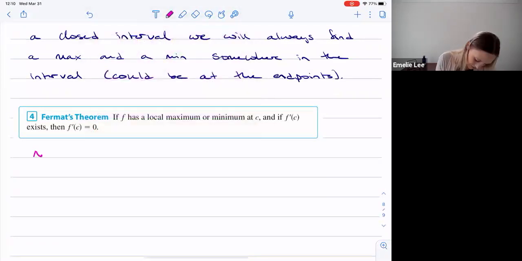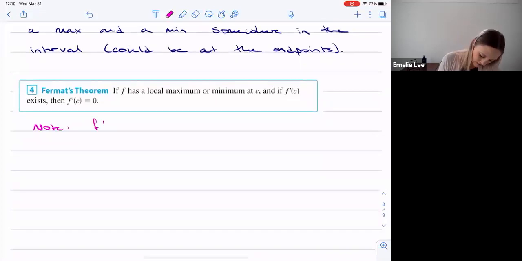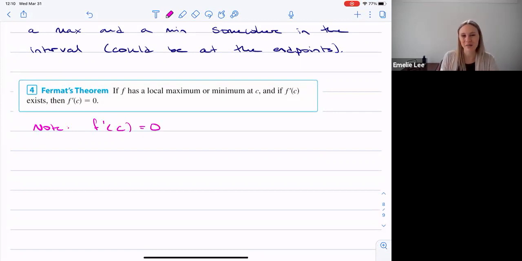And so note, the derivative at c equal to 0 does not necessarily mean that you have a max or min. Often it does, right? So it's worth looking at.